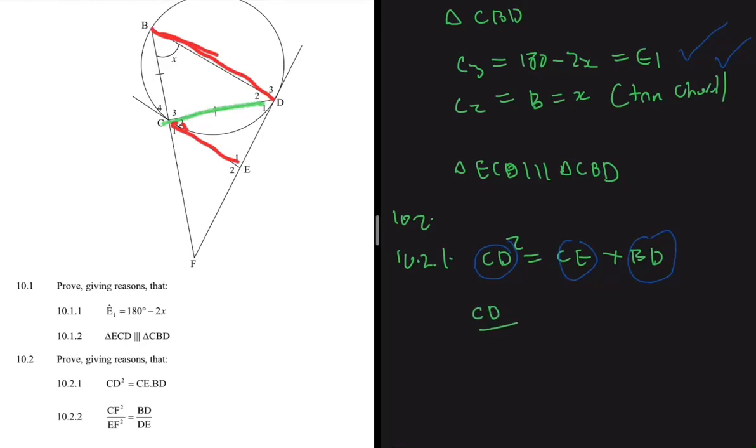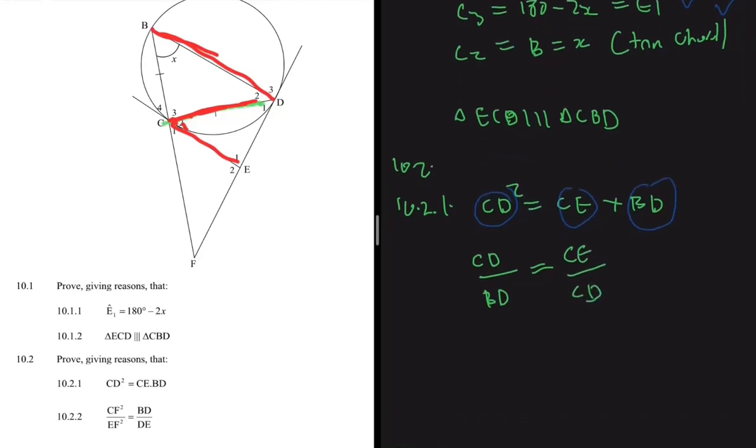CD is the smallest side of triangle CBD, right? So let's say CD divided by BD, the biggest side of triangle CBD. And then let's do the same thing on triangle CED. The smallest side on triangle CED is CE, so we're going to say CE divided by the biggest side on that triangle, which is again CD, right?